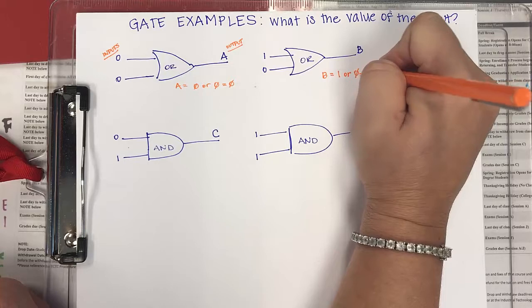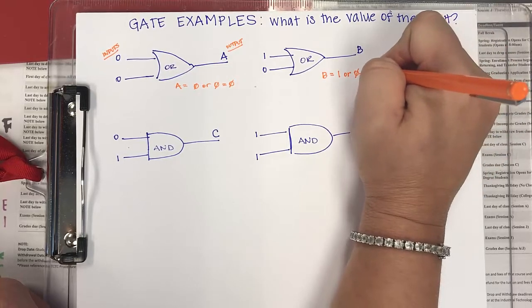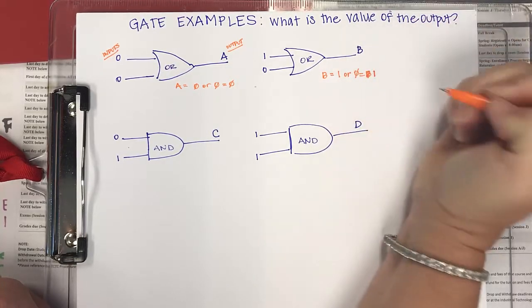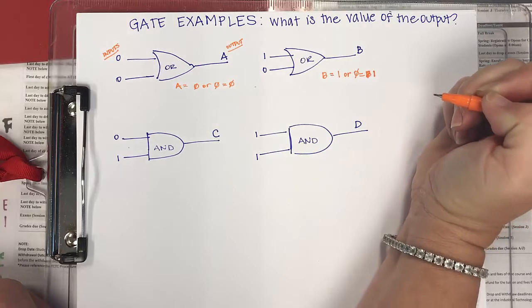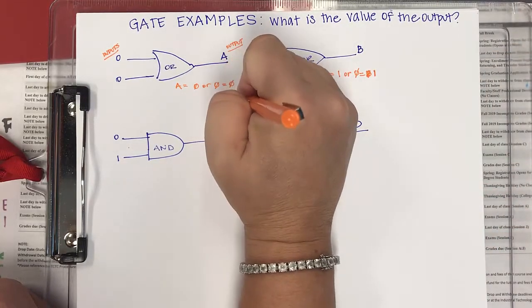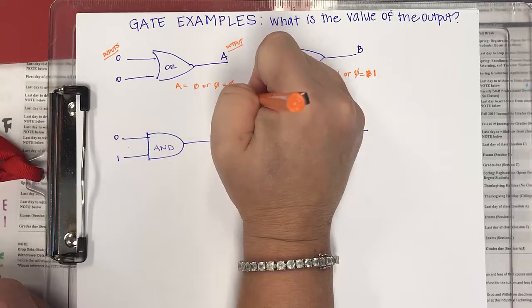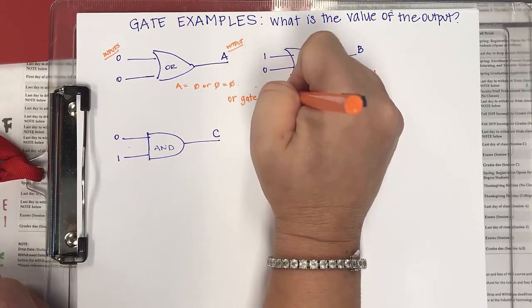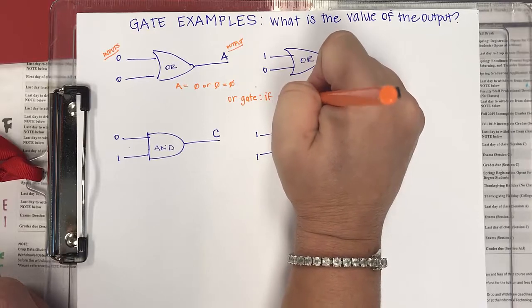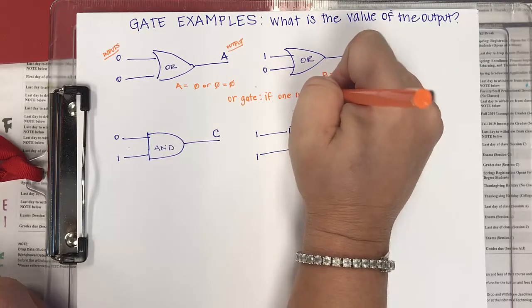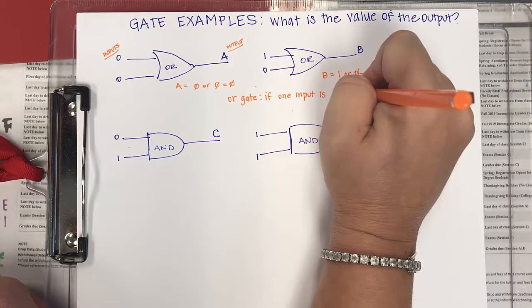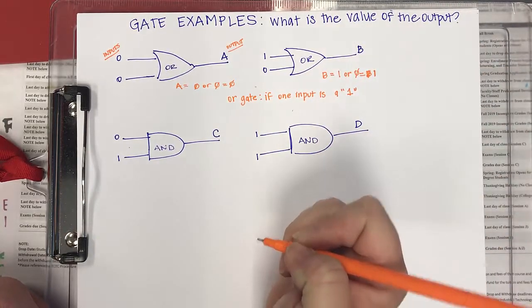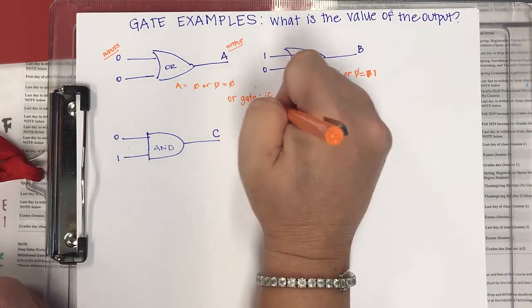So that B is going to be equal to, I'm sorry, I wrote B again, 1. All right. So for an OR gate, if one input is a 1, the output is a 1.